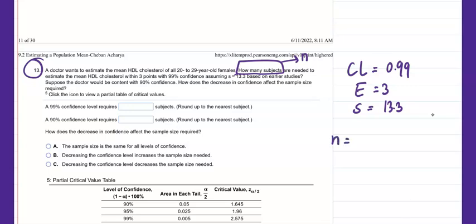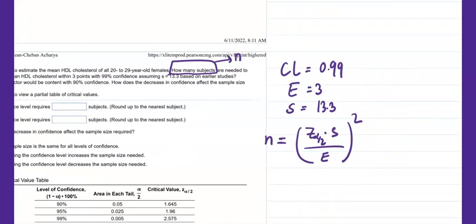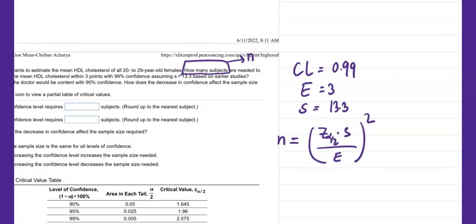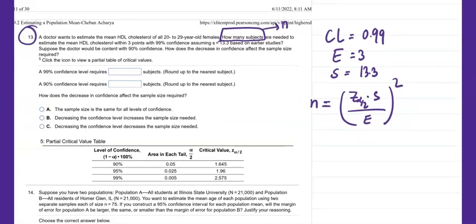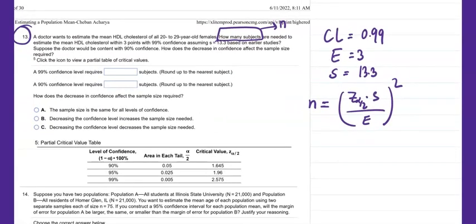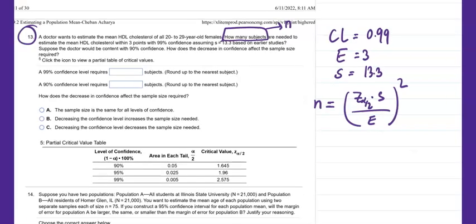n equals critical value times s over E, squared. Again, you refer to the notes or PowerPoints for the formula for sample size when you estimate a population mean. We have another formula for n that is to estimate a population proportion, but we're estimating a population mean, so this is the formula.